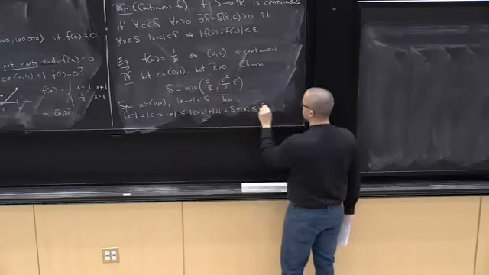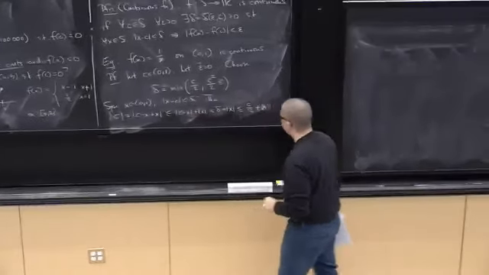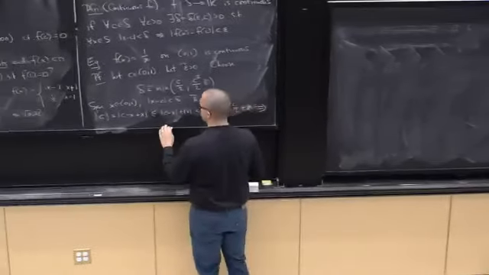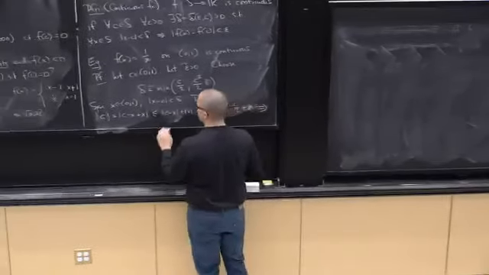And now, c and x are in (0, 1), so they're all positive. And therefore, I get that, let's go to the next board.